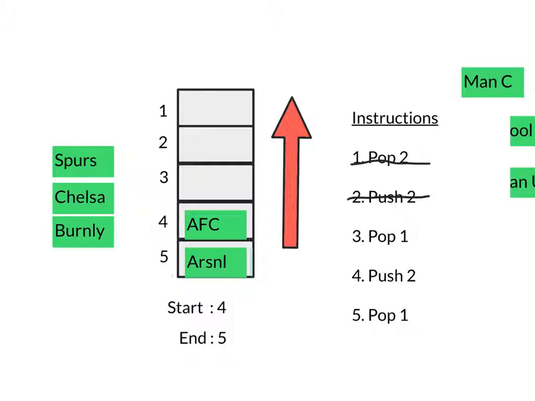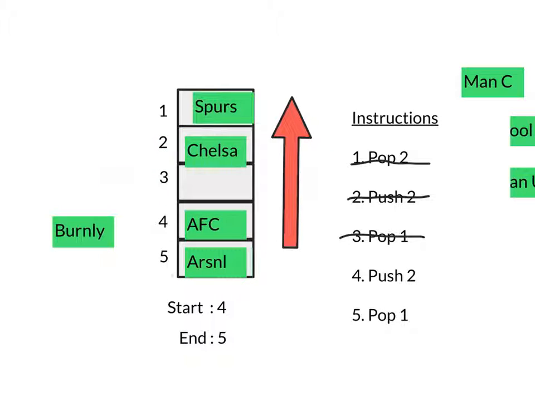Then it says push 2 is our next instruction. So push 2 means I have to put Spurs and Chelsea in there. Now it's a circular queue, don't forget. So the start is 4 and currently the end is 5. But if I move Spurs into position 1 and I put Chelsea into position 2, well, there we are.